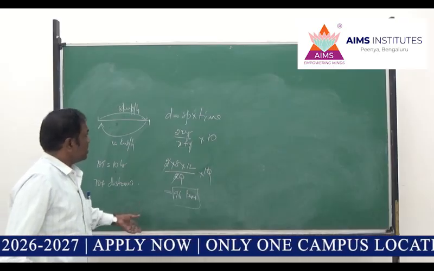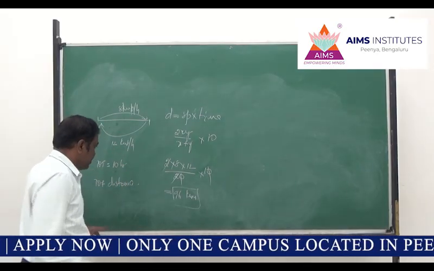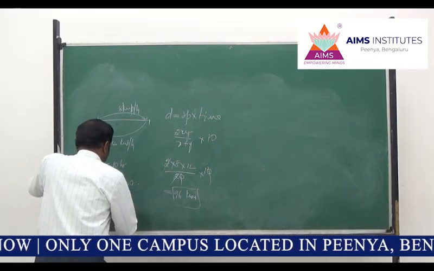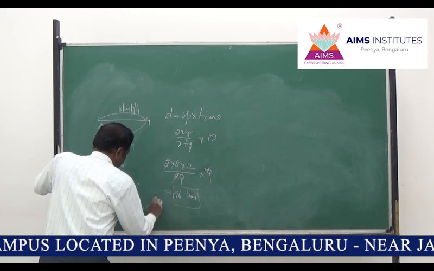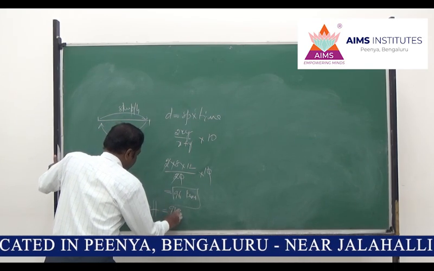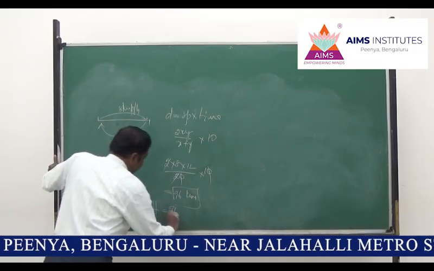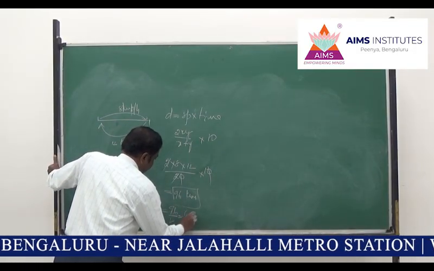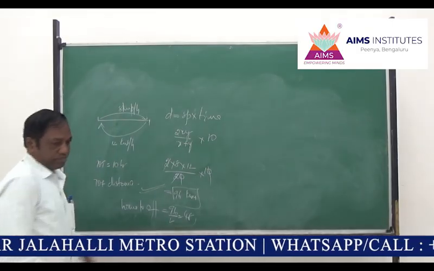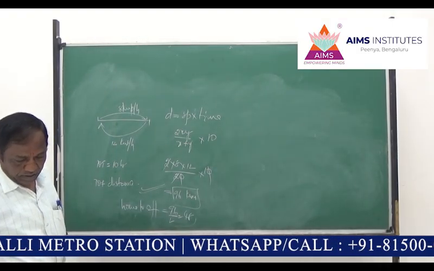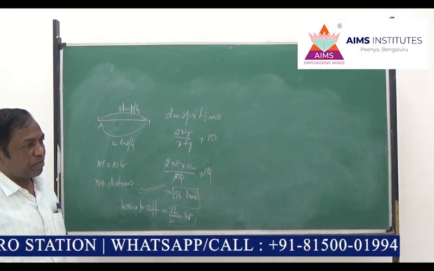If you ask what is the distance from home to office, it means divided by 2. 96 is going and coming, by 2 you will get 48. So this is the normal formula. This is okay.